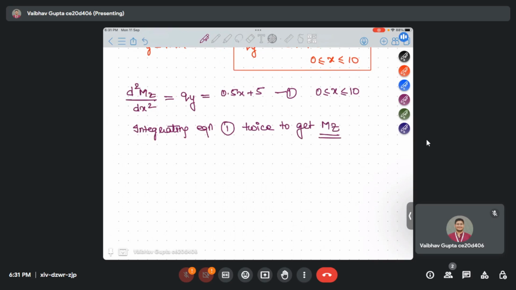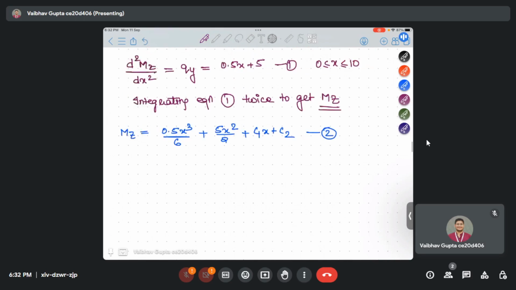So when we integrate this expression twice, what we'll get? Mz will be equal to 0.5x cube by 6 plus 5x square by 2 plus C1x plus C2. This is expression 2.